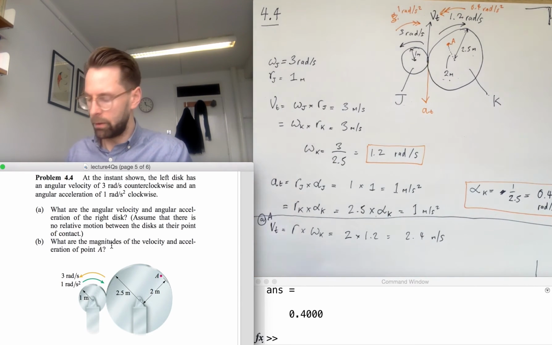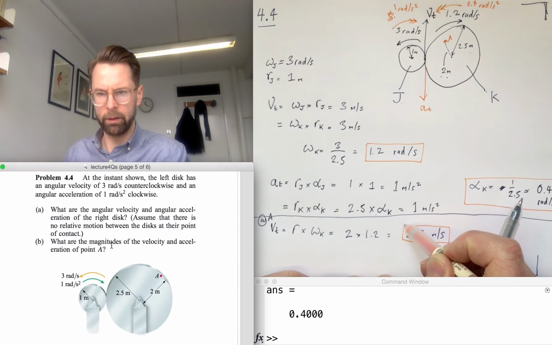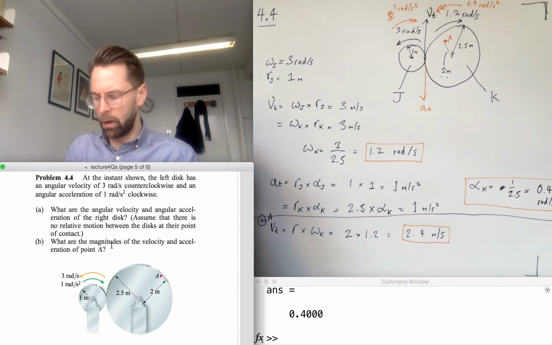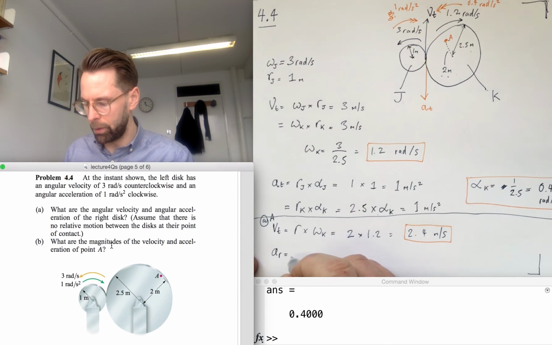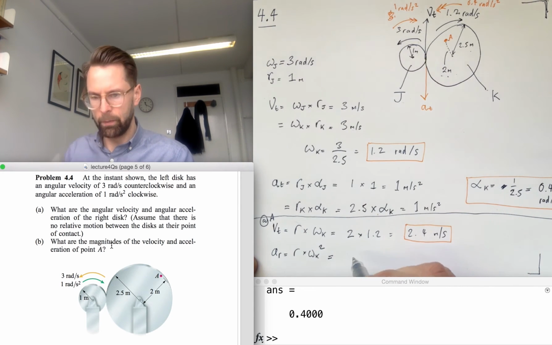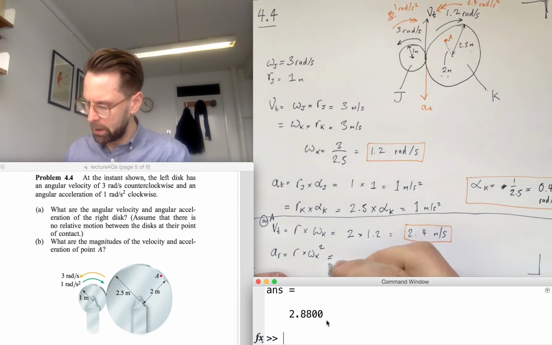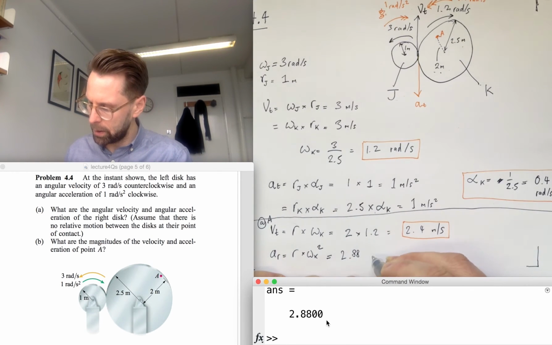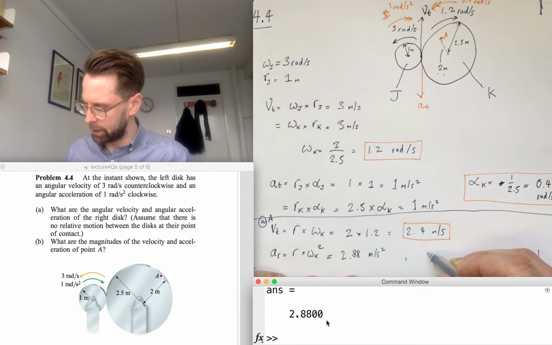And that is the tangential component and also the magnitude of velocity at A. Now there are 2 components to acceleration. You've got a radial component, which is equal to R omega squared. That is equal to 2 times 1.2 squared, 2.88 meters per second squared.